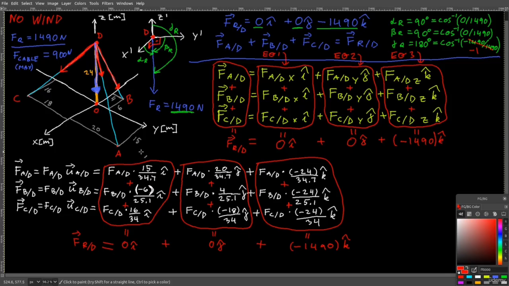Then now you still have 3 equations. This is equation 1, this is equation 2, and this is equation 3 that you have here. But now you also have 3 unknowns, because these unknowns are the same, these unknowns are the same, and these unknowns are the same.